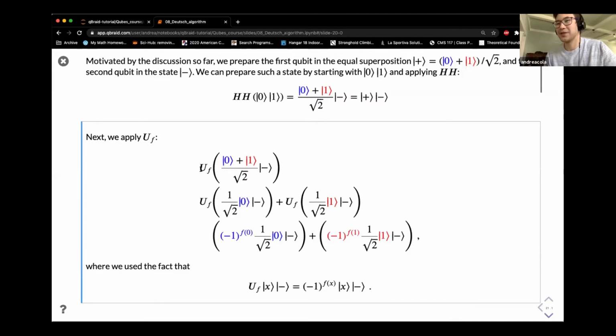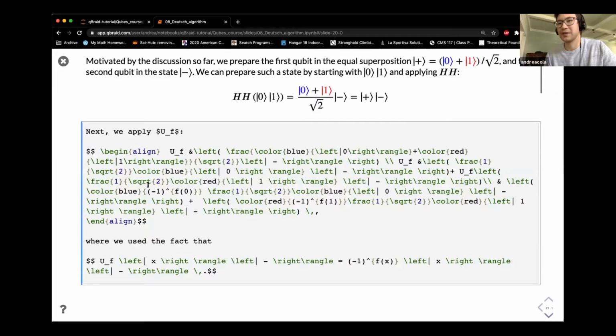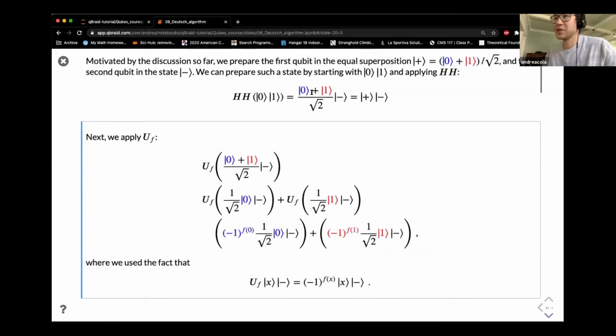This is the calculation. So first, I'm just plugging in the expression for ket plus, ket minus in the first line. Now in the second line, I am again decomposing this by linearity, so U sub f acting on each of the two terms separately. And now the thing that you have to remember in order to obtain the third line is the fact that we proved or calculated earlier, from the second approach.